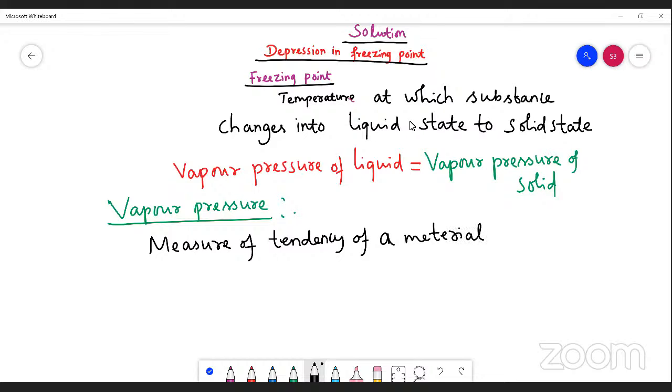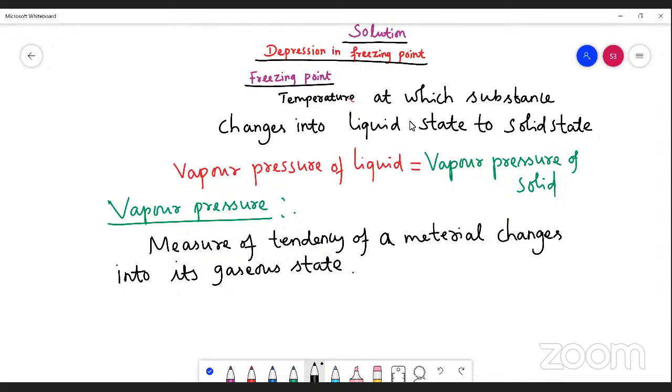Material means a substance. Whatever may be the substance, that substance has to be converted into its gaseous state. This is the term named vapor pressure.